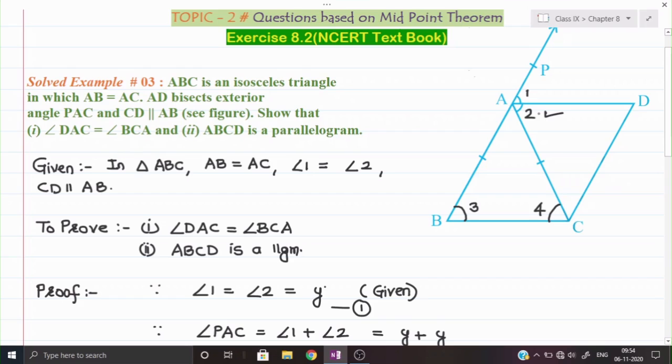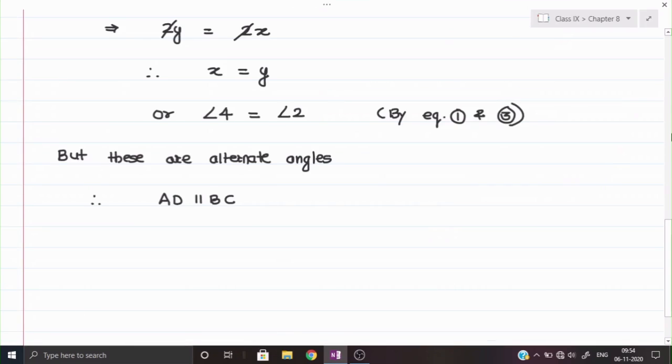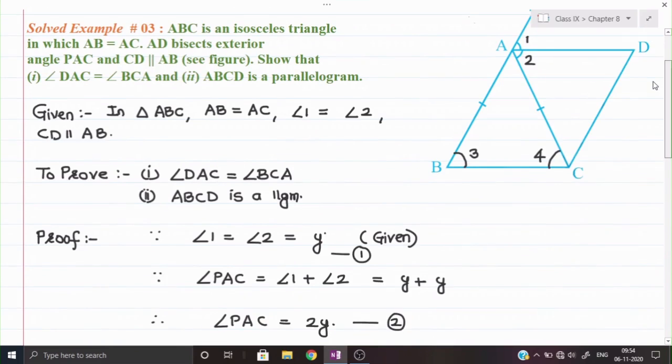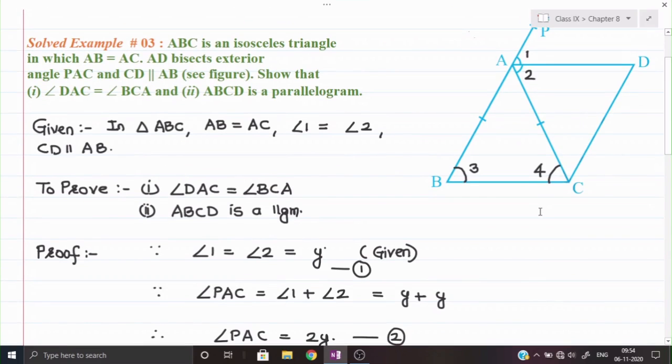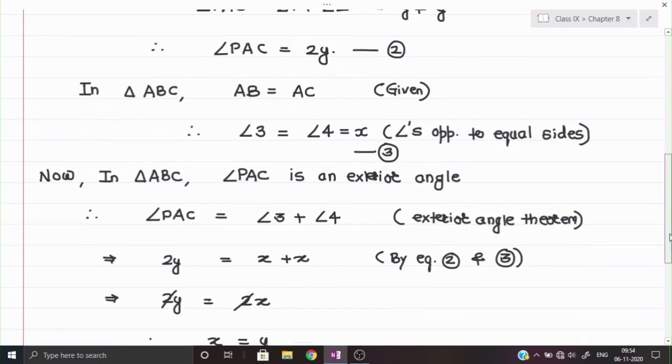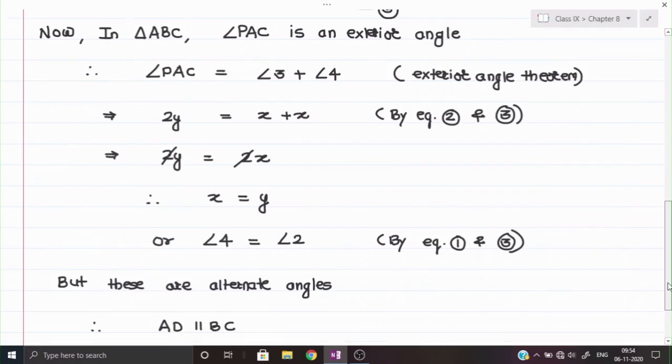And the second one is angle number 4, that is angle BCA. Observe, DAC is required to prove equal to angle BCA. So that is angle number 4. So angle 2 and angle 4 is actually angle DAC and angle BCA. So that is already proved over there, just we forgot to mention.